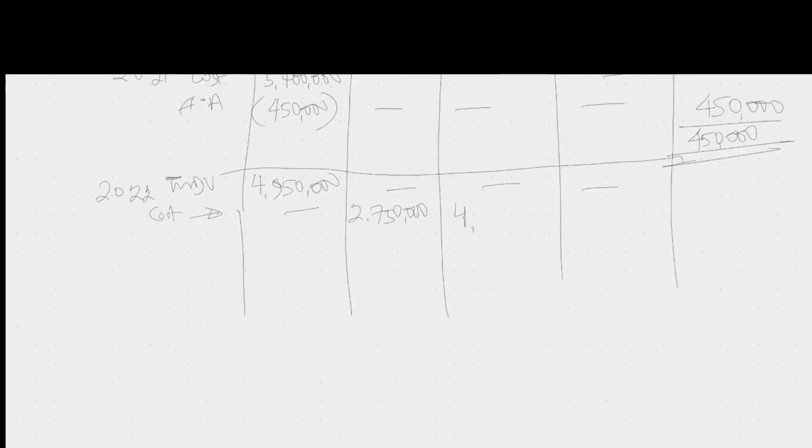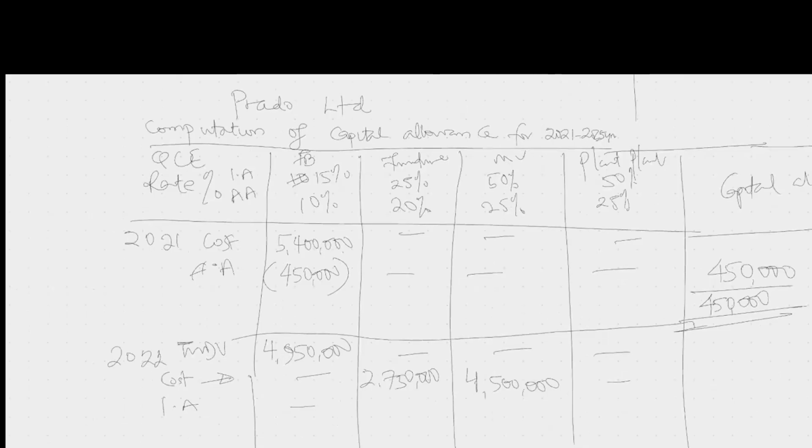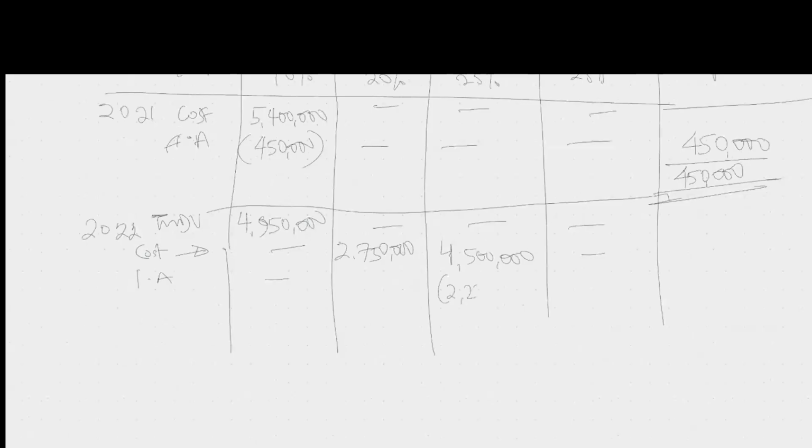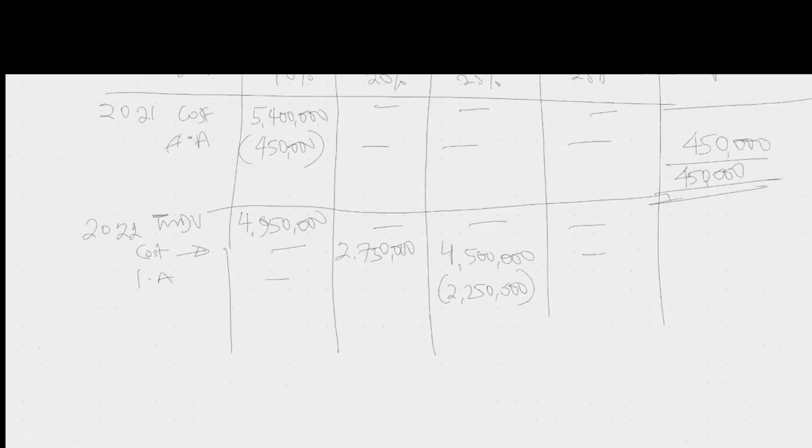So on these new ones, we are going to calculate initial allowance. Initial allowance on furniture is 25%. Initial allowance on motor vehicle is 50%. So 50% of this is 2.25 million. What is 25% of 2,750,000? 687,500.